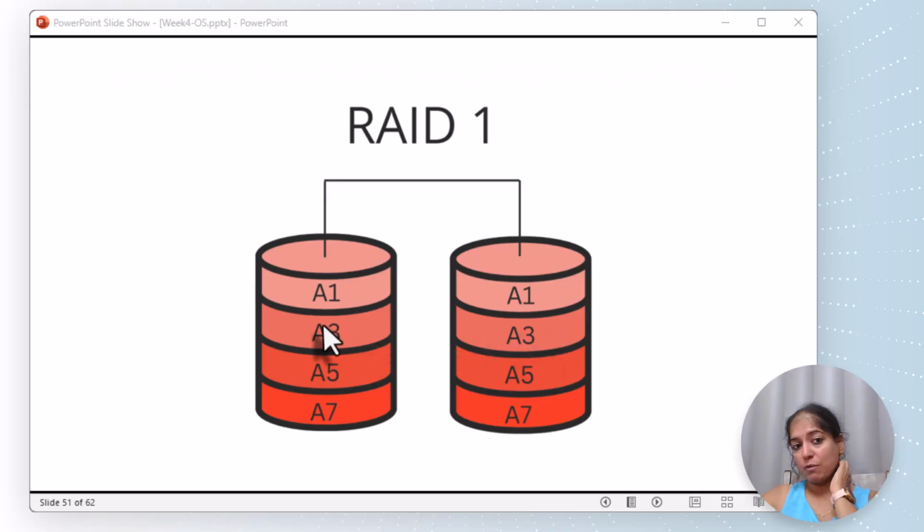In RAID level 1, you can see A1, A1, A3, A3, A5, A5, A7, A7, the blocks are duplicated. So it increases your reading efficiency. You can read data from anywhere, but whenever you are updating, you need to update in both places. It gives you some safety: if the data on a disk is lost, you can recover from the other one.